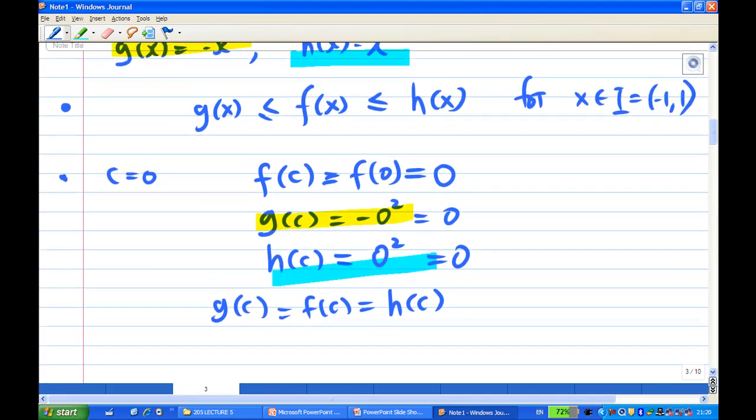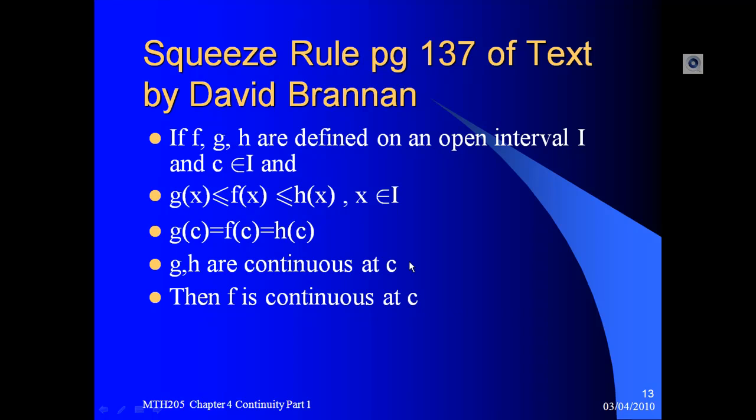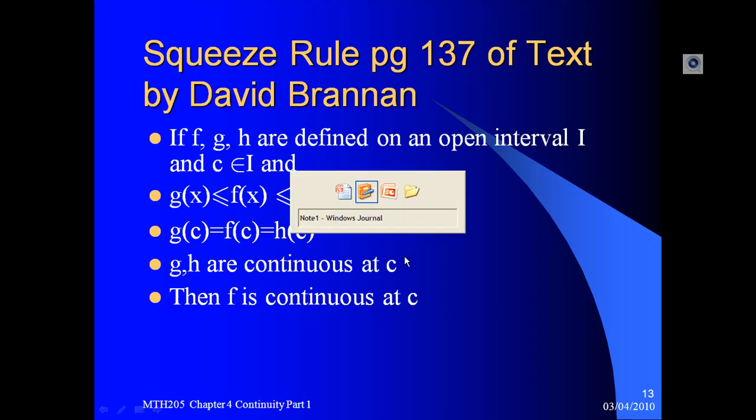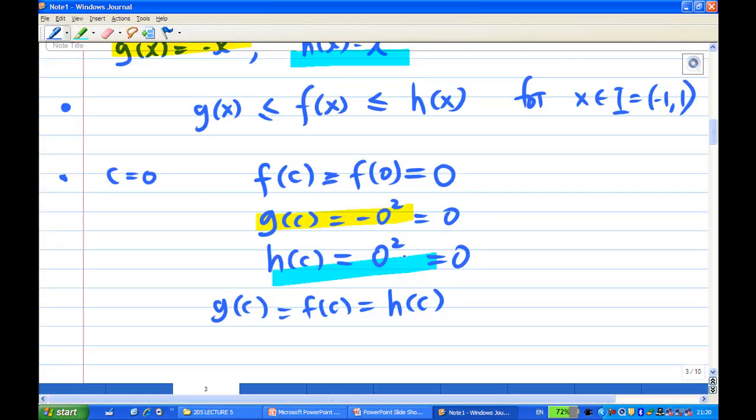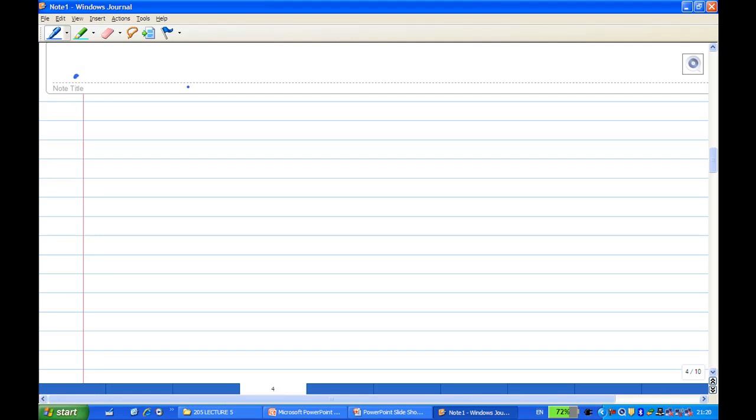Alright, now the third condition. The third condition says that g and h are continuous at c. My g(x) is minus x squared and h(x) is x squared.